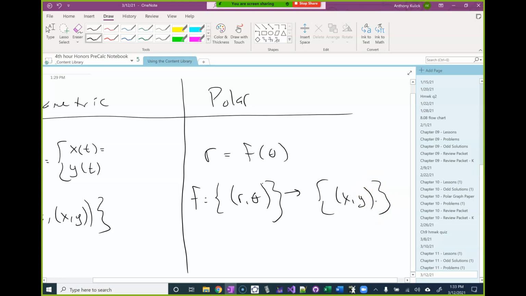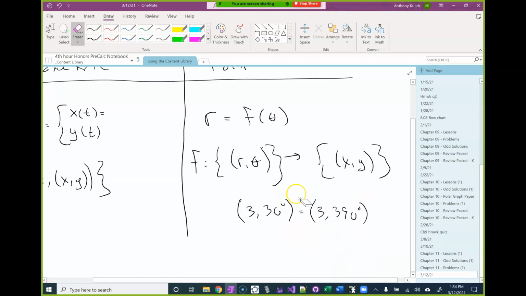And the reason that this will allow us to get things that are not functions is because if I remember, like 3 comma 30 degrees is the same as the point like 3 comma 390 degrees. Those are the same x y, right?